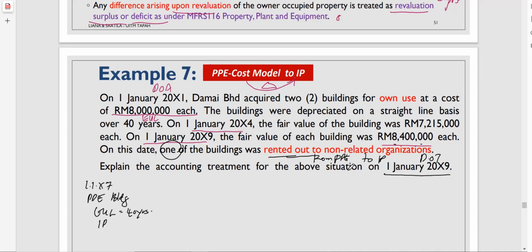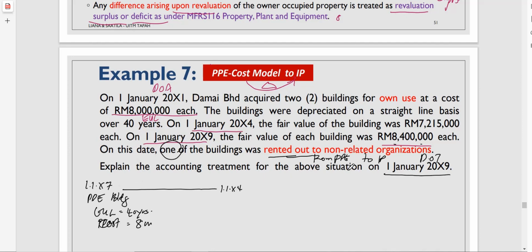So we are just focusing on that PPE, and the cost of that one unit that will be transferred is 8 million. And you have the first revaluation that took place on 1st of January X4, after some 3 years of providing depreciation.